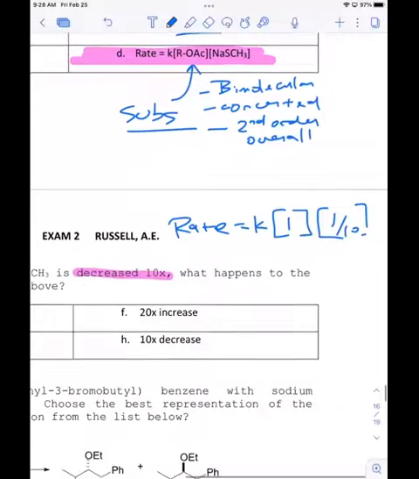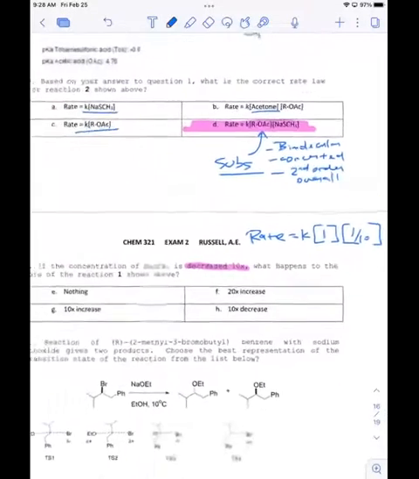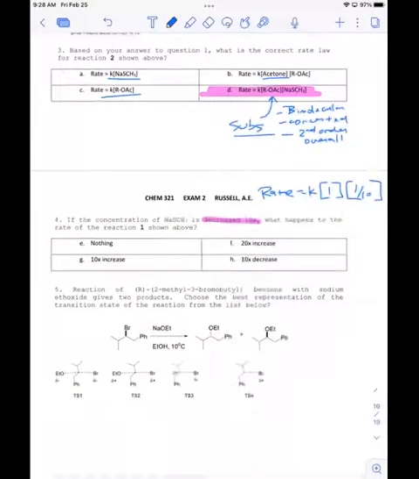Because what the rate law looks like here is this, right? So one of them is 1, that's unchanged, and the other one is 1/10. So it's basically like me dividing the whole thing by 10 if I decrease the concentration of one of them by 10, right? So it will have to be H.